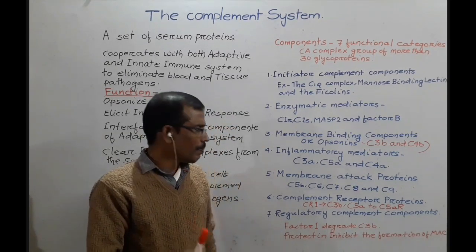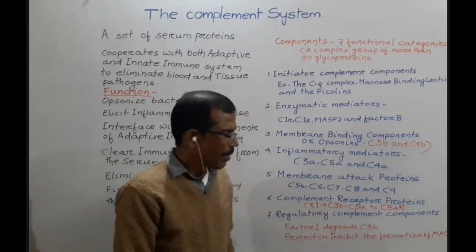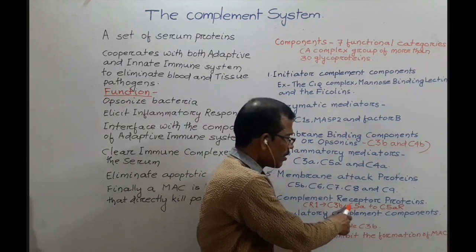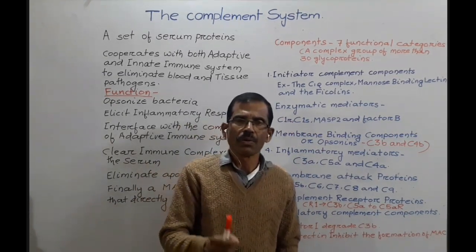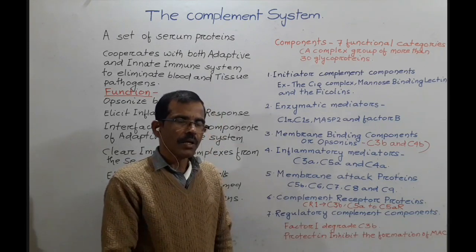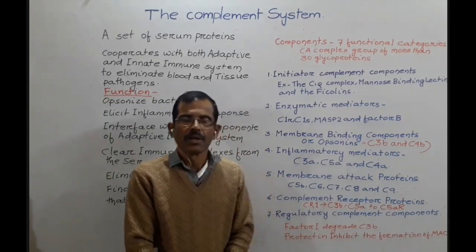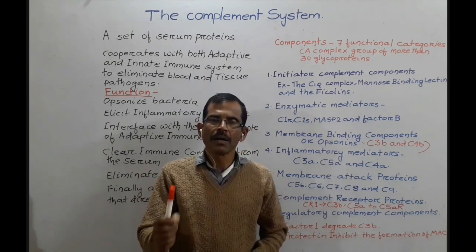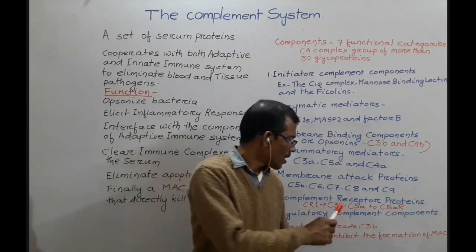Another complement receptor is C5aR. Binding of the complement component C5a to C5aR triggers the degranulation of neutrophils and inflammation. The last category of complement components includes regulatory components. Host cells are protected from unintended complement-mediated lysis by the presence of regulatory components.